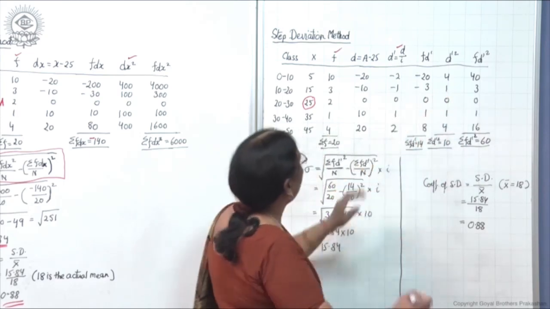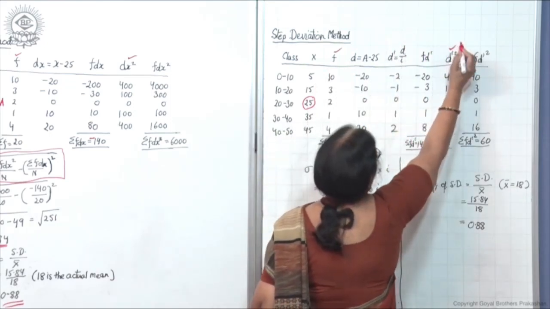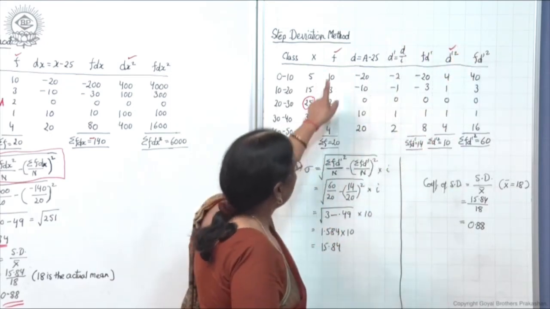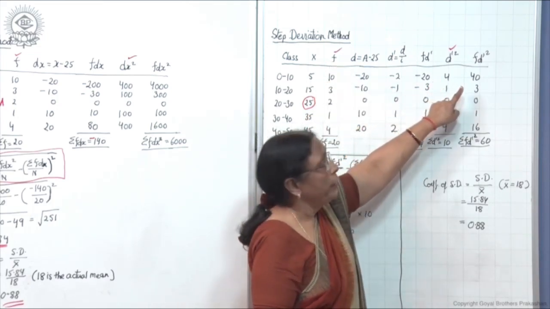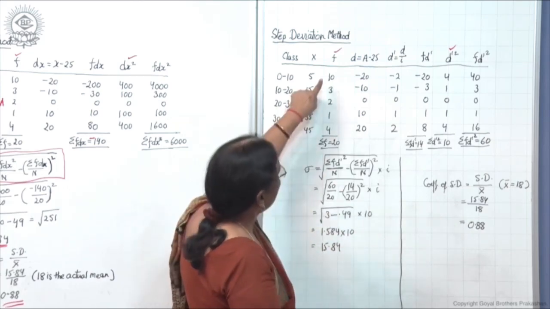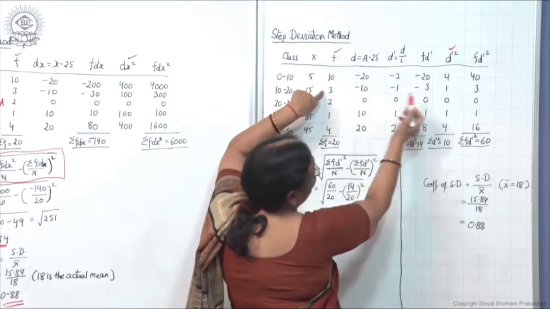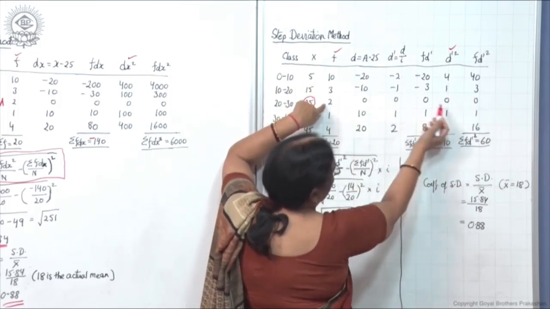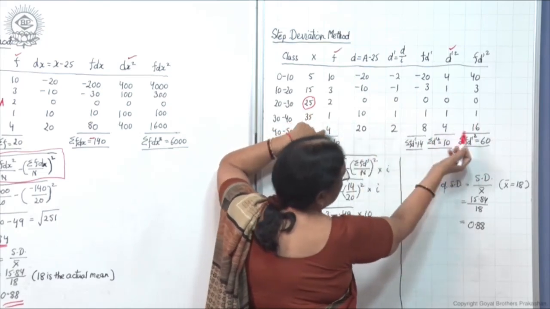Then multiply frequency with not this column now, this column. Then you get f into d dash square, which gives you f d dash square. Multiply these two columns: 10 into 4 is 40, 3 into 1 is 3, 2 into 0 is 0, 1 into 1 is 1, 4 into 4 is 16.